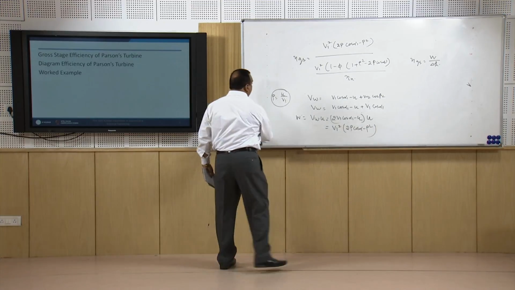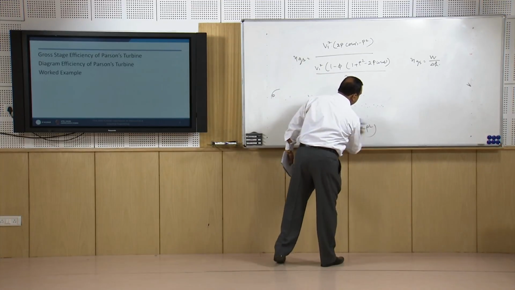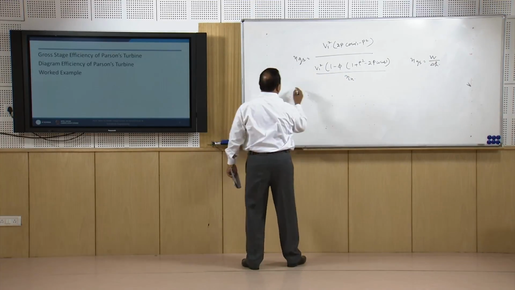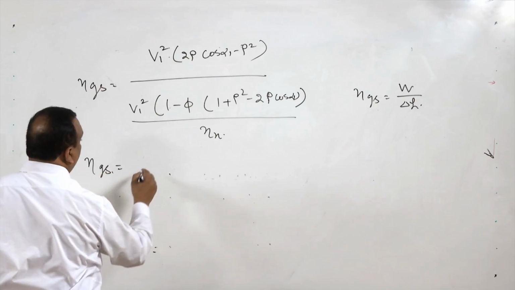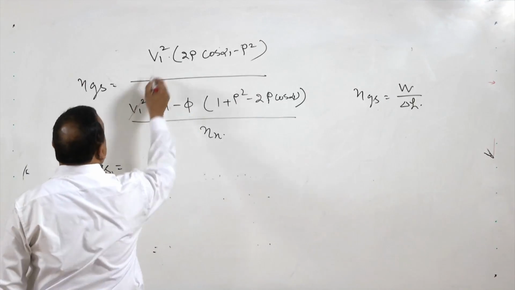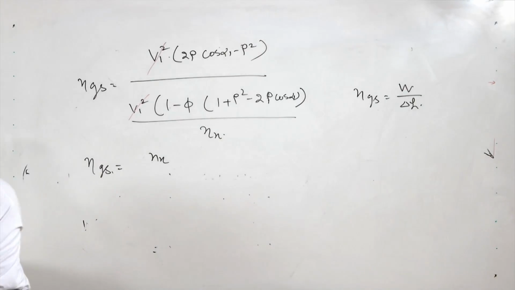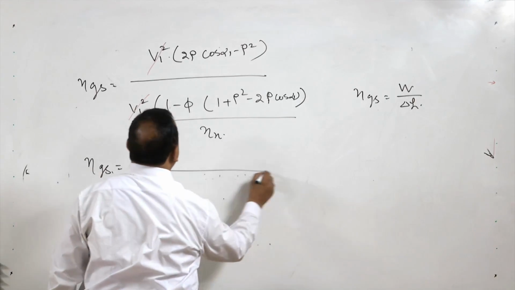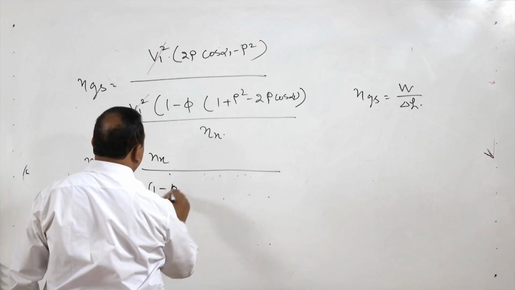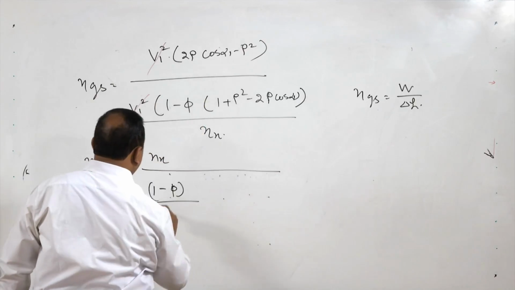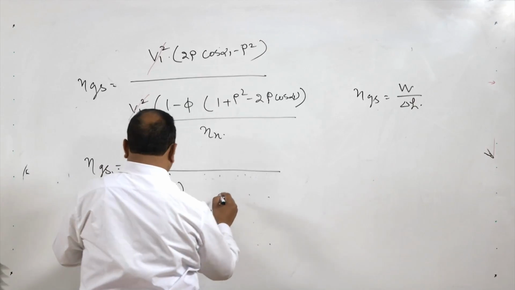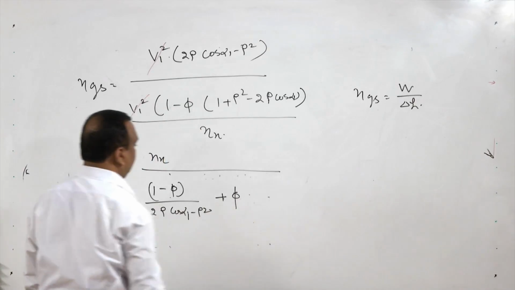And we can further simplify this. Gauss stage efficiency is equal to efficiency of the nozzle, this will be cancelled out, divided by 1 minus phi divided by 2 rho cos alpha 1 minus rho square plus phi.